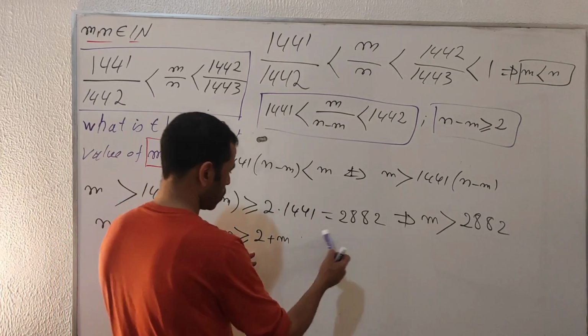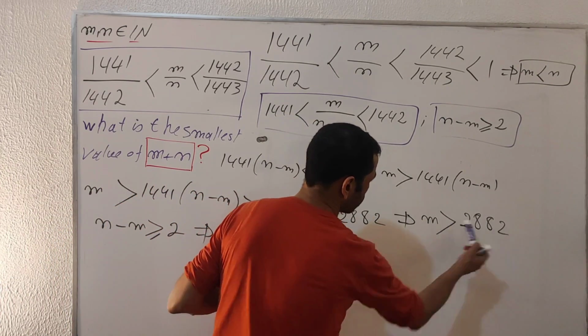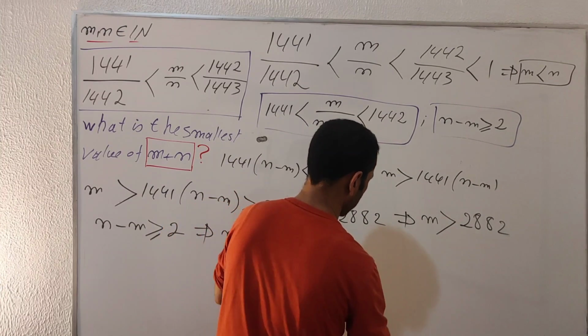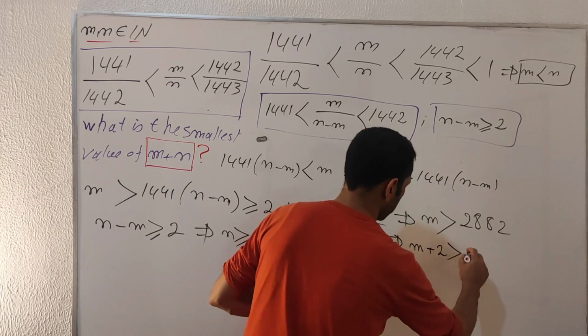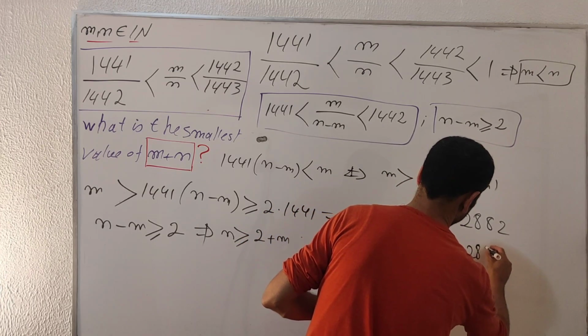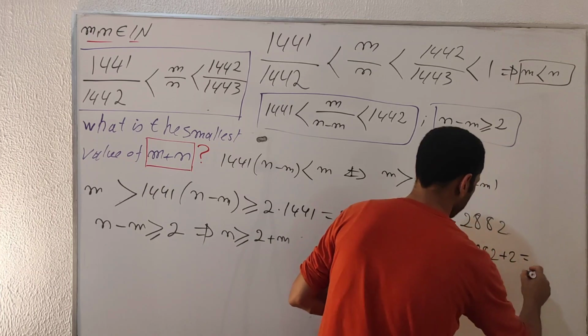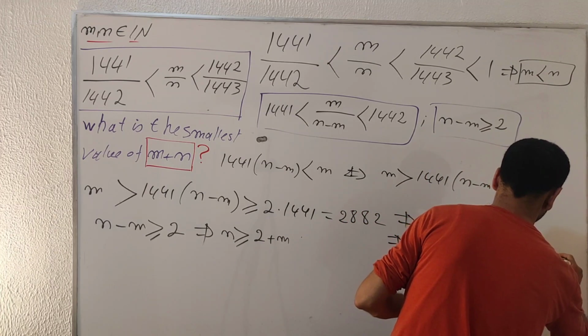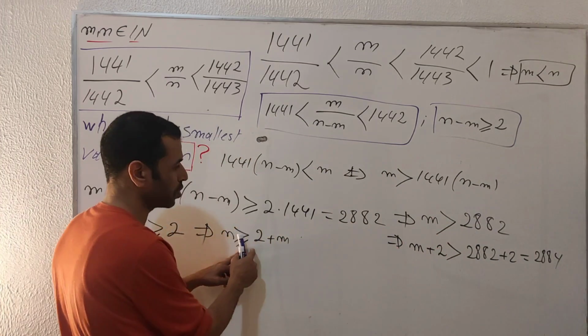So in order to get from this one to this one, I'm simply going to add number 2 on both sides. I get here m plus number 2 is strictly superior than 2882 plus number 2, which is 2884. I'm making the connection between this one and this one.